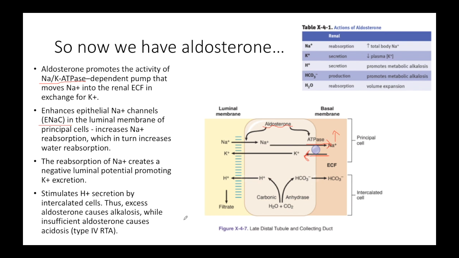This is clinically important because excess aldosterone can cause an alkalosis this way, and insufficient aldosterone can cause an acidosis. Primarily type 4 renal tubular acidosis.